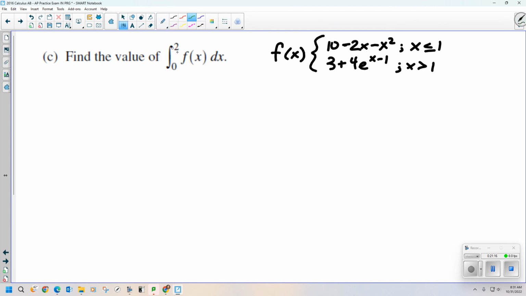So if we're going to integrate this whole thing from 0 to 2, well, it's going to be split right at 1. Okay? So the top one is going to be from 1 to 2. This bottom one is going to be from 0 to 1. That will cover all from 0 to 2. Okay, we're going to have to split that up, which is fine.